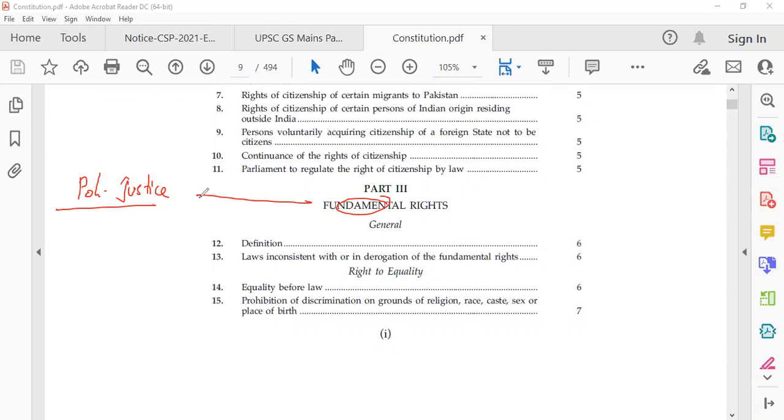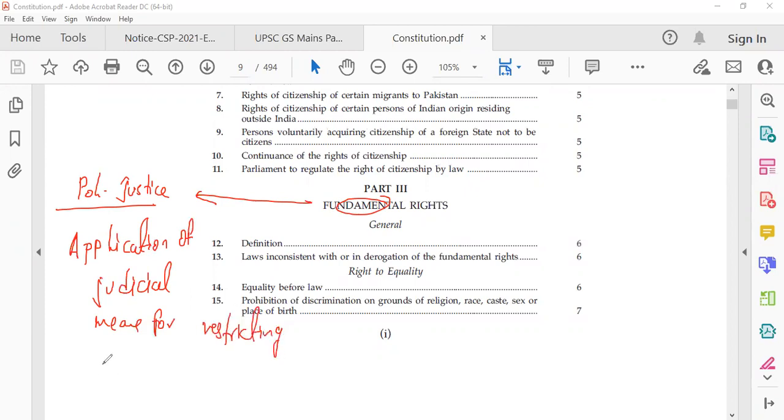What does political justice mean? It means application of judicial means. Do try to understand this. This is important. Application of judicial means for restricting or controlling political power. That is the basic meaning of political justice.